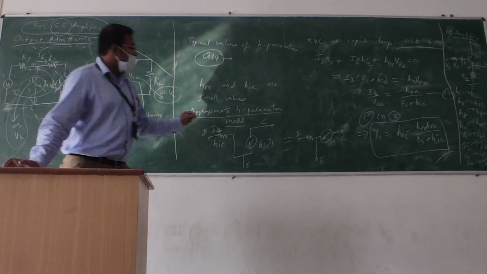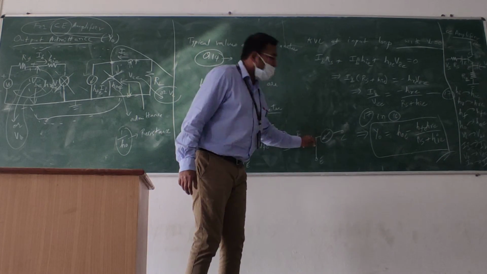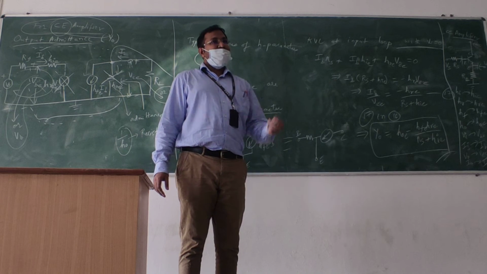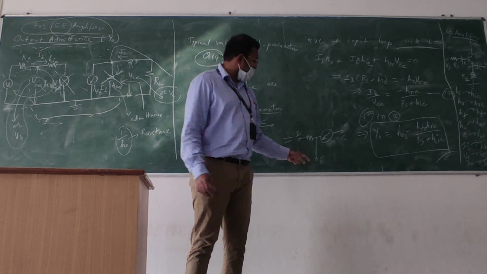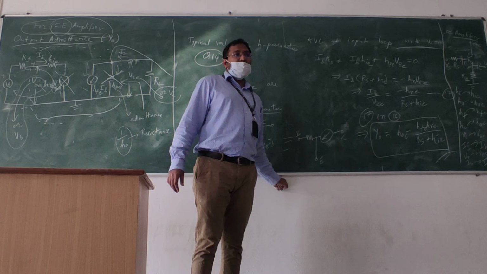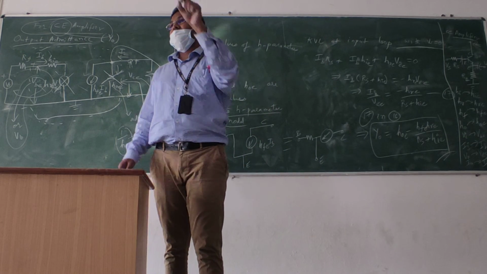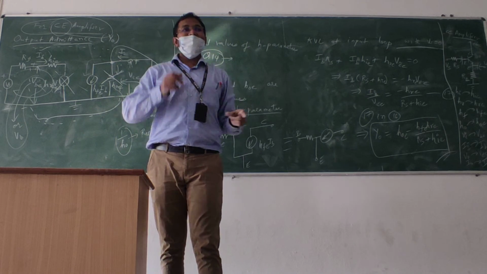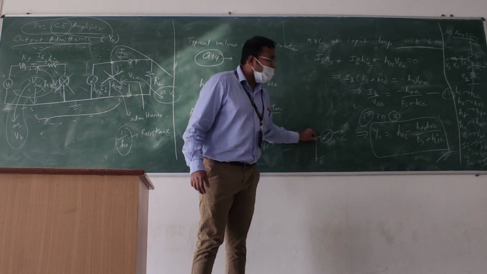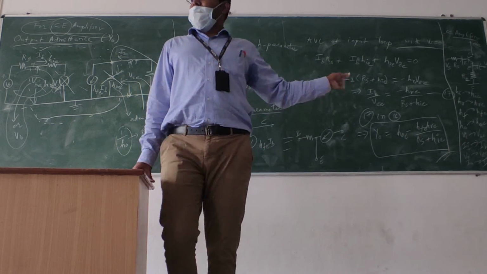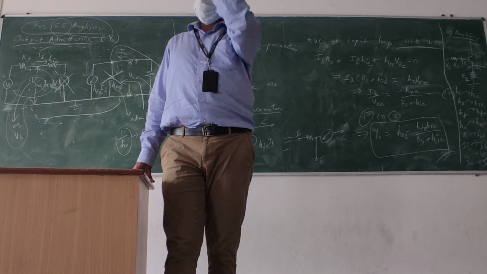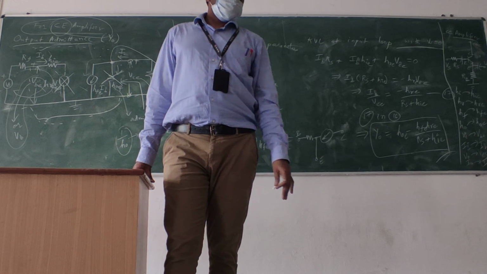It is like 3 sticks joined at one common point. If you want a common collector, pull the collector down. Move the emitter to that side. It becomes common collector. Now this approximate model is valid for any configuration.